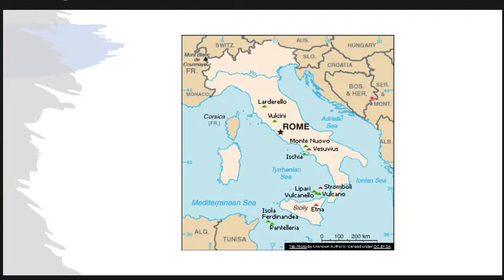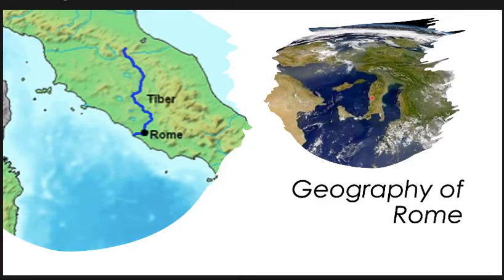Rome itself is built on a set of 7 hills. And these hills are located near a river, just like almost all ancient civilizations. The cities spring up around river valleys. And the river that Rome is located next to is called the Tiber. The Tiber River, as you can see it right here.